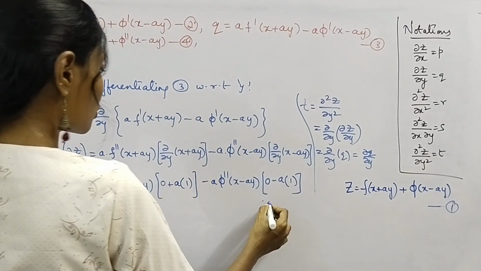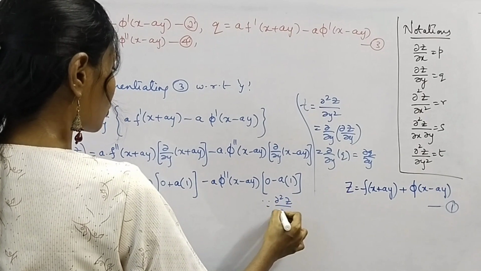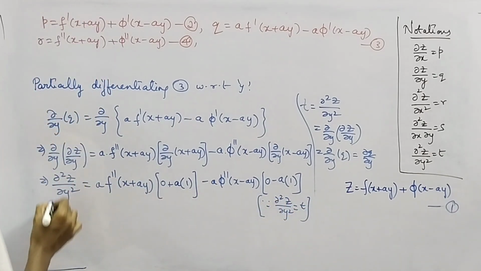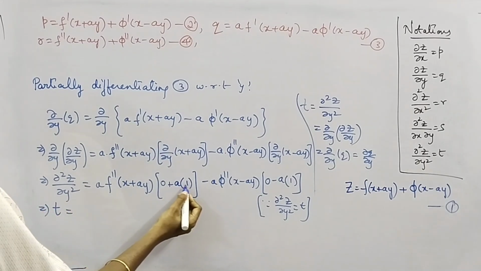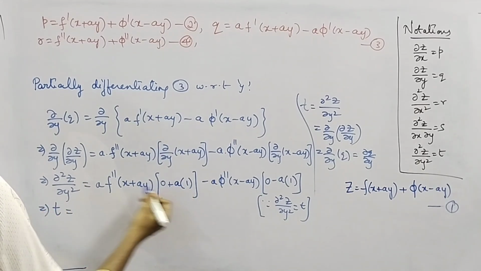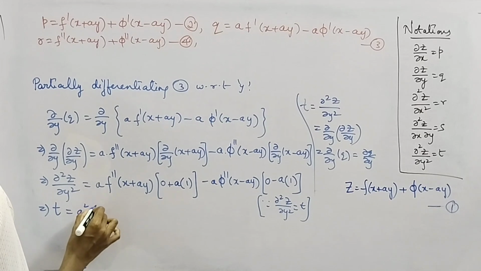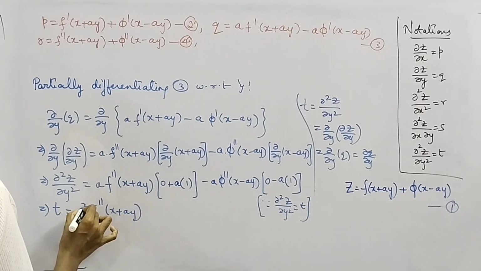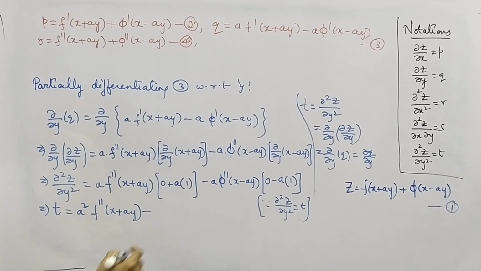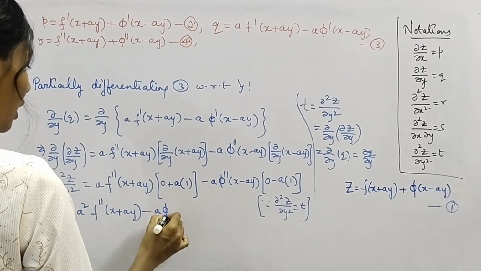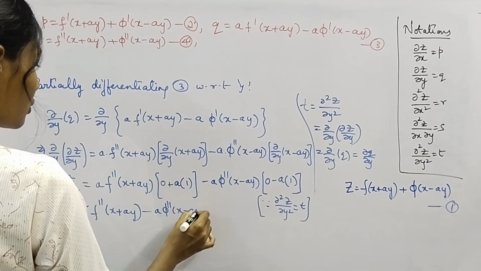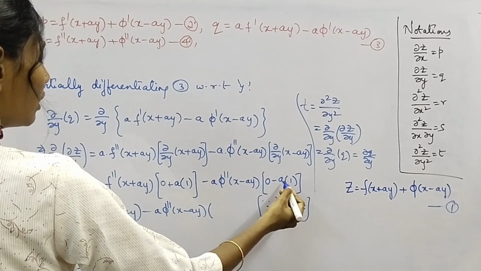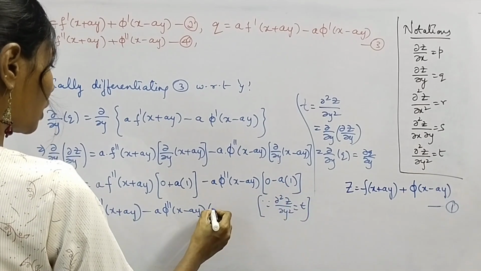Since we have the notation dou square z by dou y square equal to t, let's replace it by t. You'll get t equal to a into (1 a plus 0), that is a square, f double dash of x plus ay, minus a into phi double dash of x minus ay into (0 minus a into 1), which is a, right? 0 minus a gives minus a.